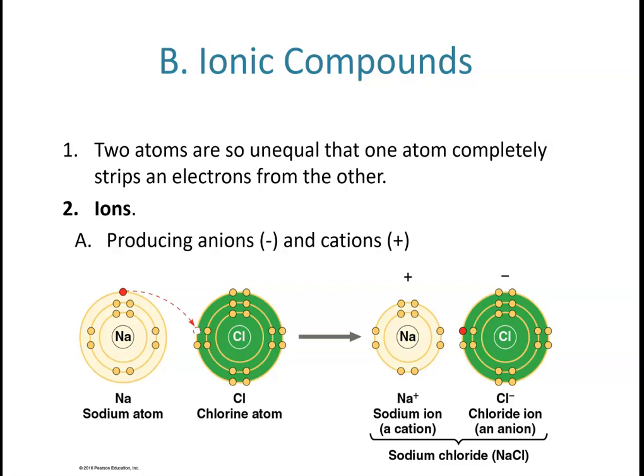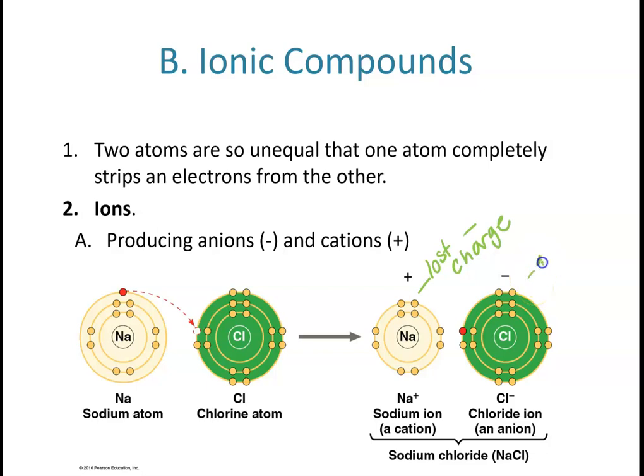So what happens is that chlorine actually attracts that electron so strongly that it pulls it out of sodium's valence shell and completes chlorine's valence shell. So when that happens, sodium has lost negative charge, which means it has become more positive.